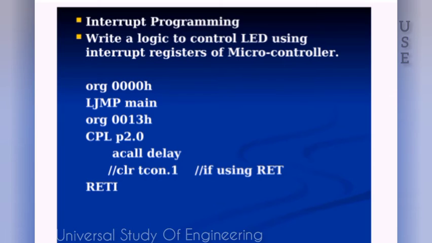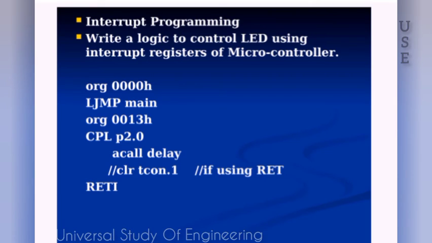Are you getting my point? In this particular temperature sensor practical we are going to use LM35. We get the information from LM35 to the ADC, from the ADC to the microcontroller, and from the microcontroller to the LCD.